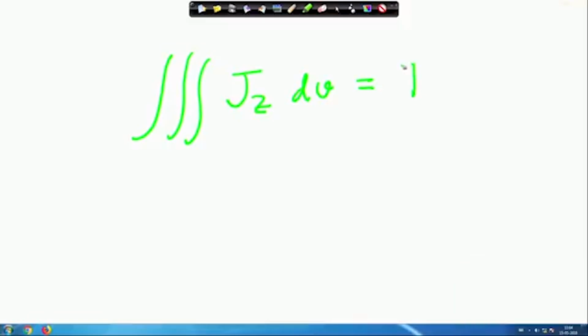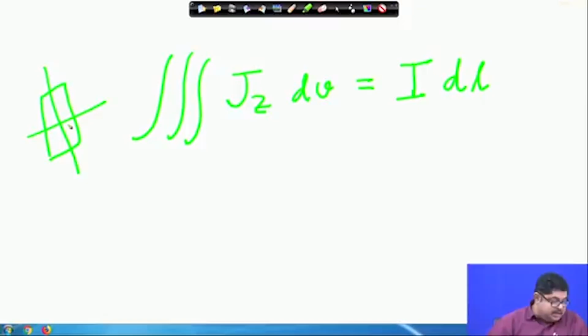We have seen that this term is nothing but, because I have only an ideal current element, volume wise if I integrate, I will get I dL. So, this term I already got.